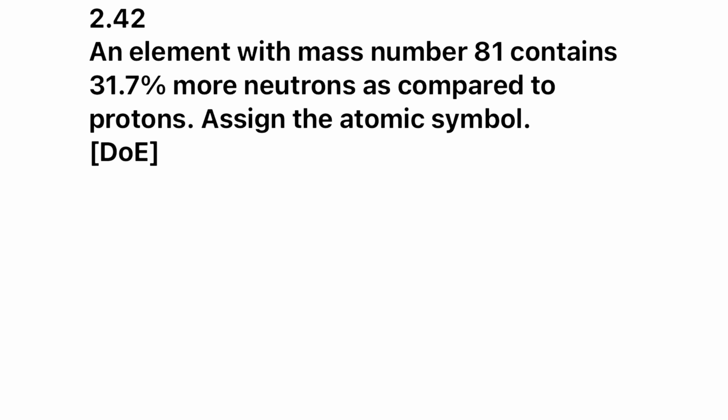An element with mass number 81 contains 31.7% more neutrons as compared to protons. Assign the atomic number. Okay, let us assume number of protons be x. So what is number of neutrons? Number of neutrons will be x plus 31.7 by 100x, since it contains 31.7% more neutrons as compared to protons.